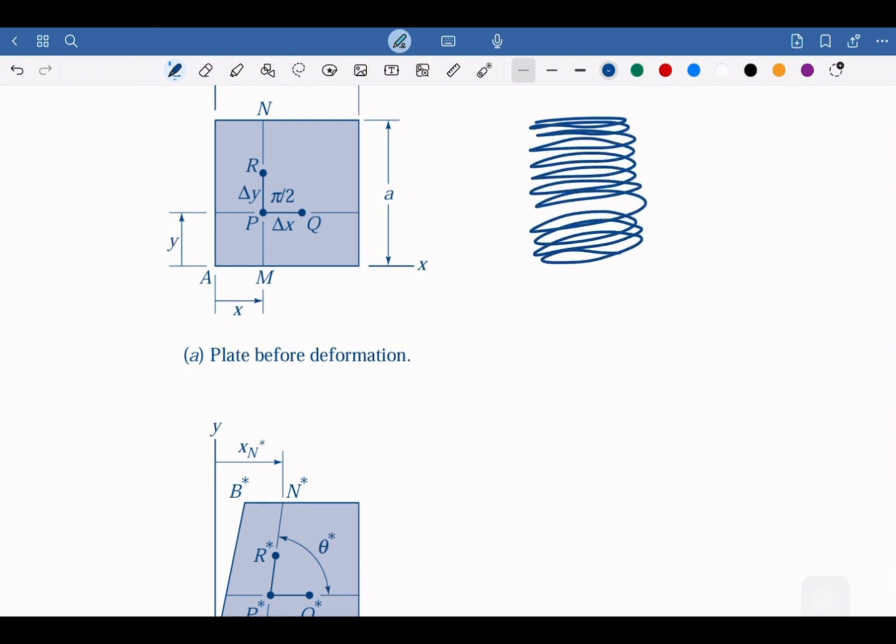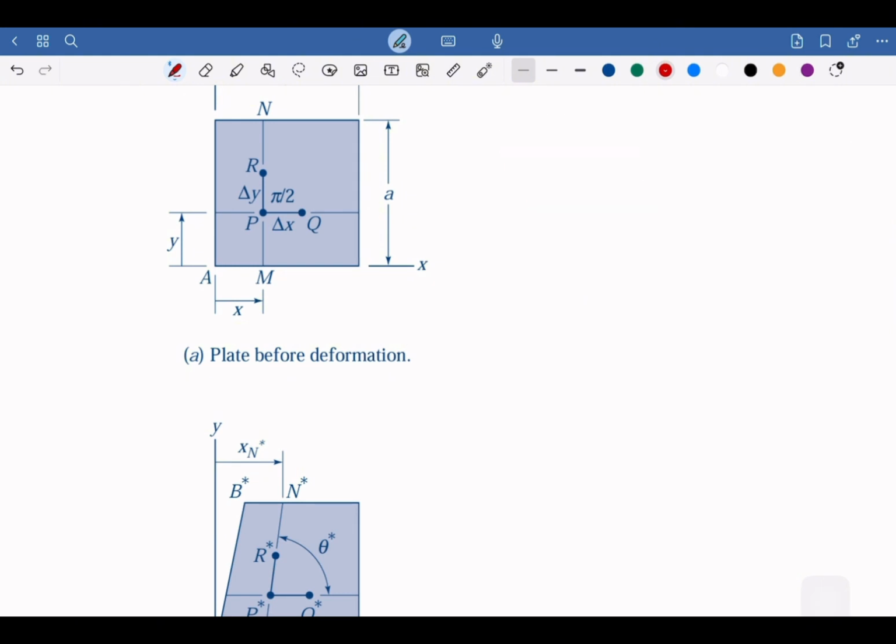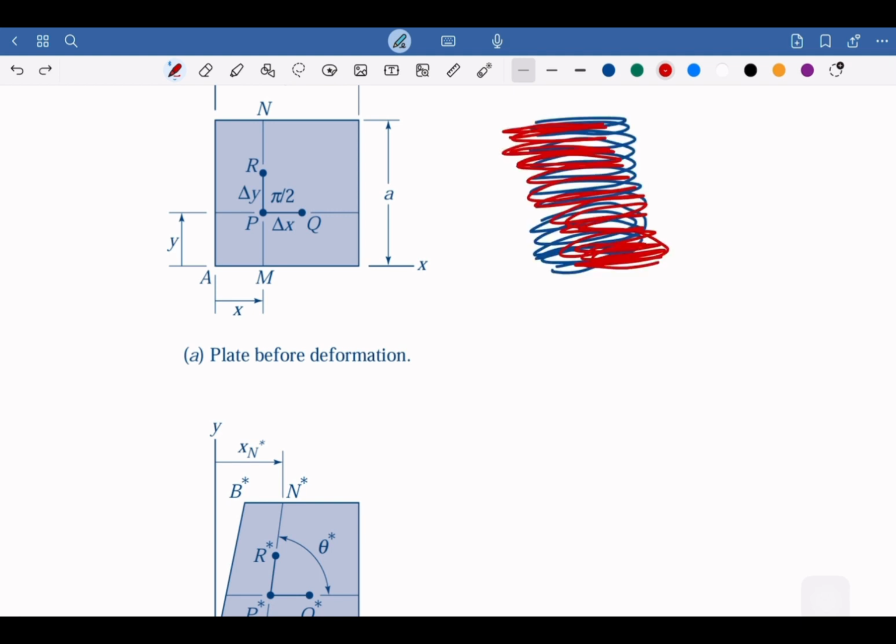If you played with this one before, imagine that it will be slightly displaced to the left like that. So you can see that it has some slight changes.